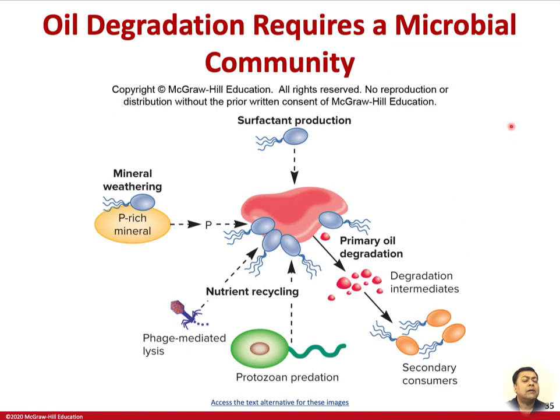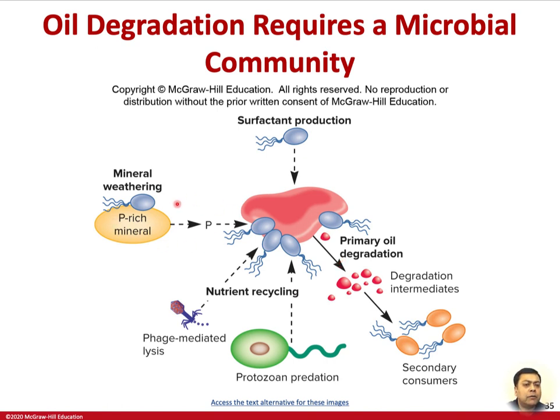So here is a typical way that oil degradation happens. Here you can see that the primary oil degradation involves bacteria that start the biodegradation process. These are the blue microbes, the oil-digesting microbes. These bacteria release a variety of degradation products, which are further broken down by secondary consumers, and indirect interactions also influence the rate of bioremediation.